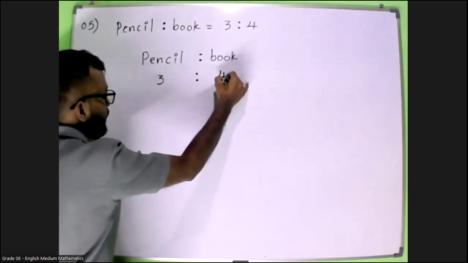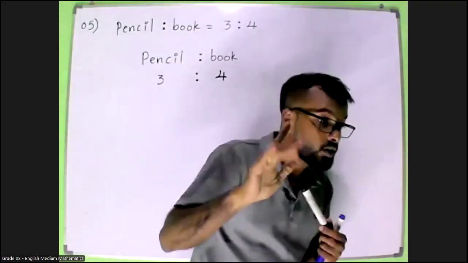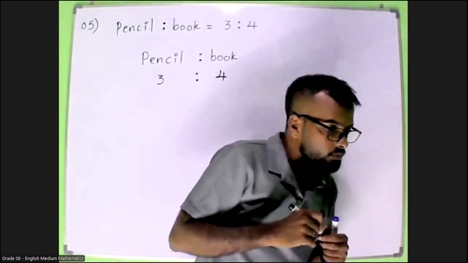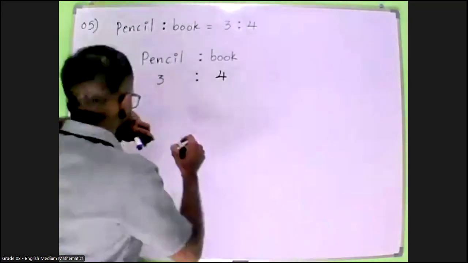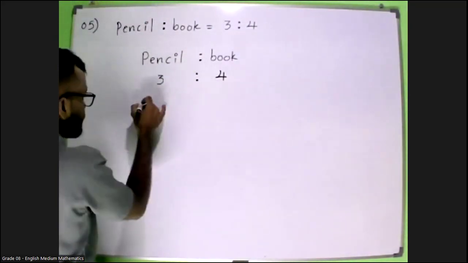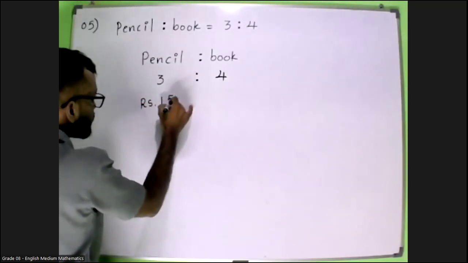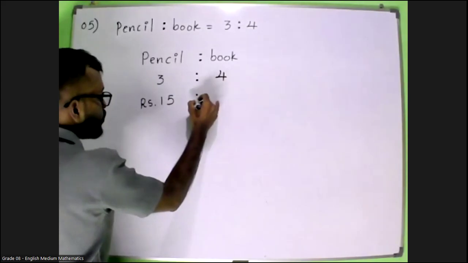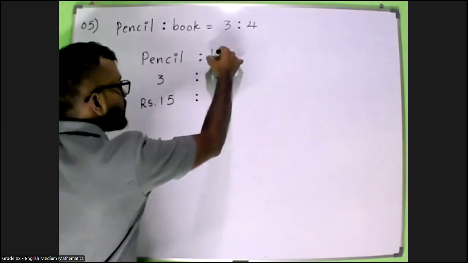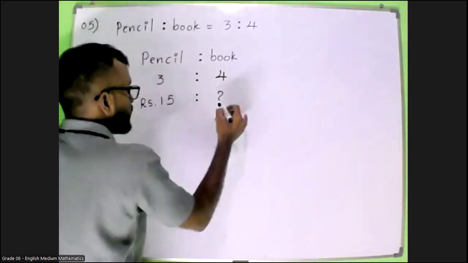And what is the price of a book? Oh, sorry, sir, price of a pencil. 15 rupees. Price of a pencil, 15 rupees. You have to find the price of the book.